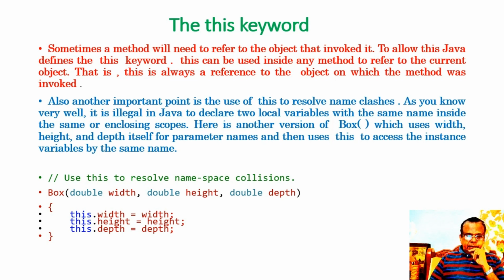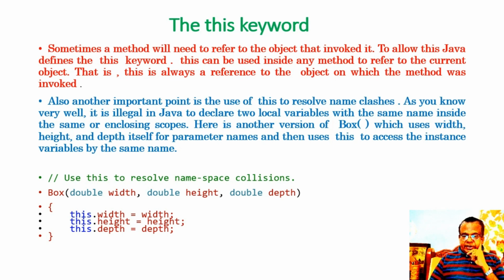Look. Also, another important point is the use of this to resolve name clashes. As you know very well, it is illegal in Java to declare two local variables with the same name inside the same or enclosing scopes.